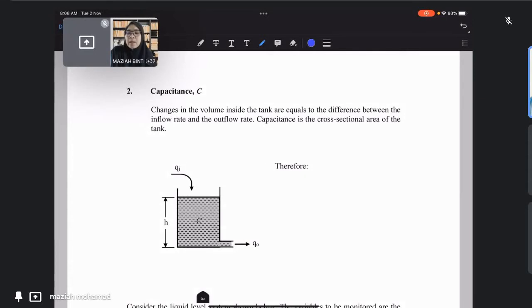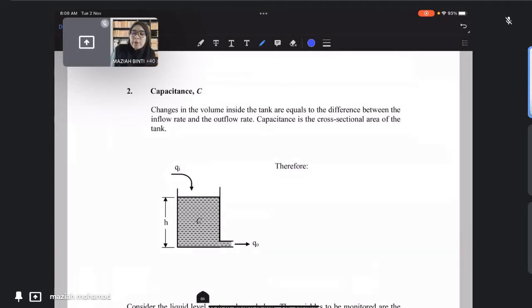The capacitance is the cross-sectional area of the tank; the cross-sectional area multiplied by the height gives you volume.